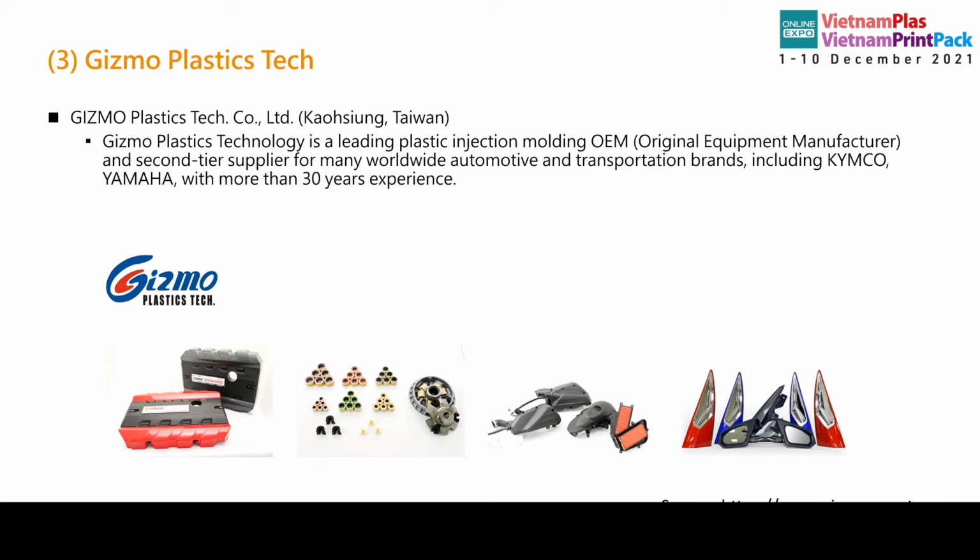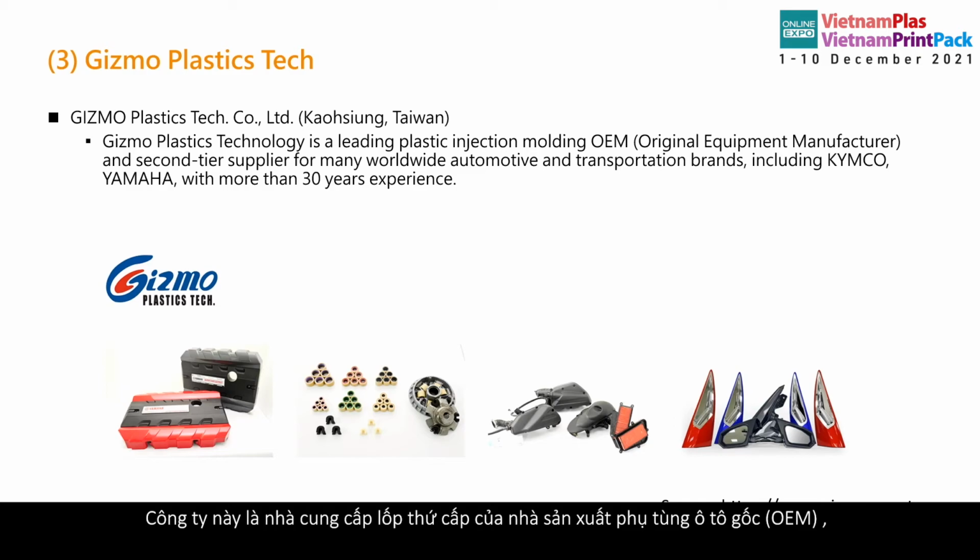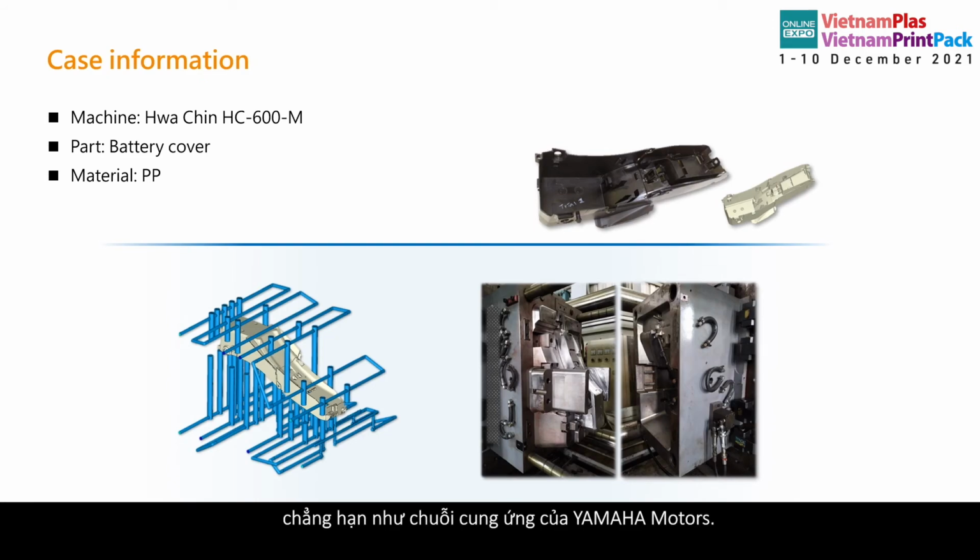The third case is from Taiwanese company, Jumro Plastic Tech Corporation Limited. This company is the second-tier supplier of automotive OEM, such as supply chain of Yamaha Motors. This project was started from 2020.